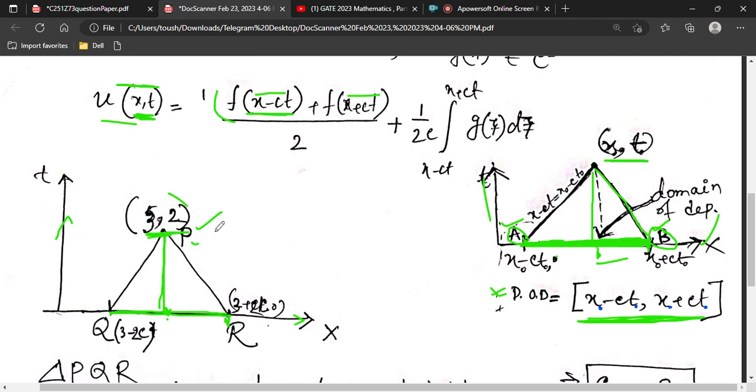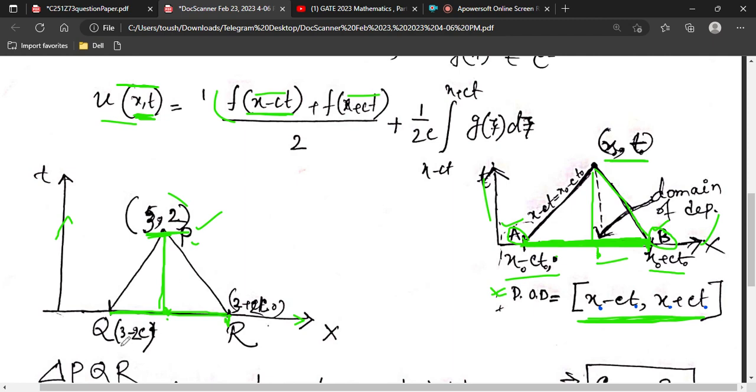If the point is x naught comma t naught, your domain of dependence is x naught minus c t naught comma 0 to x naught plus c t naught comma 0. So this is the point x naught comma t naught. So here is the point 3 comma 2. What will be your domain of dependence?